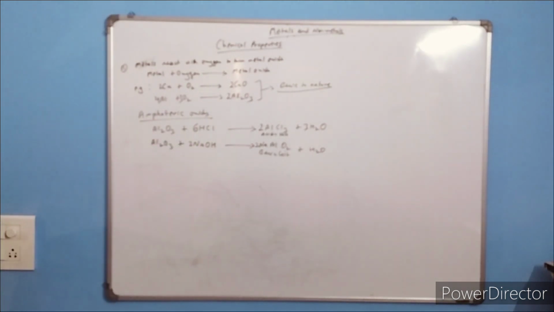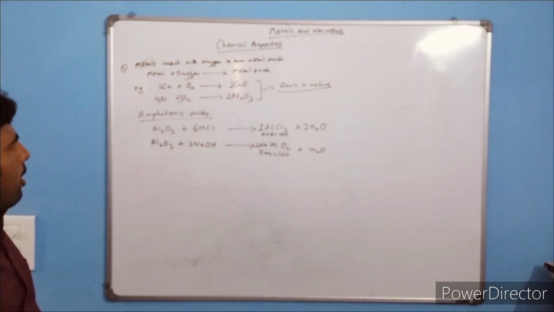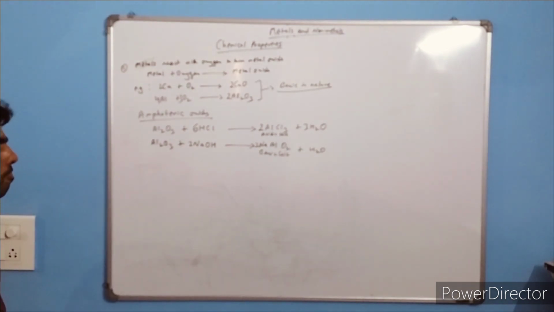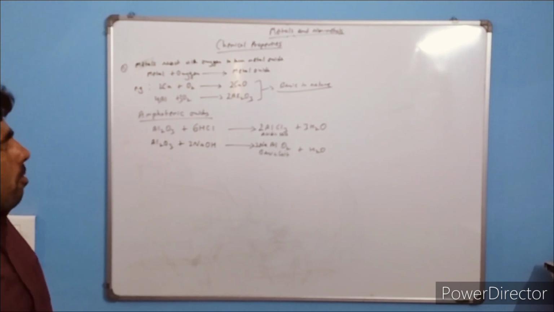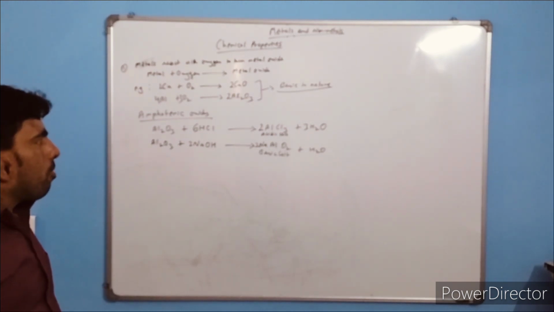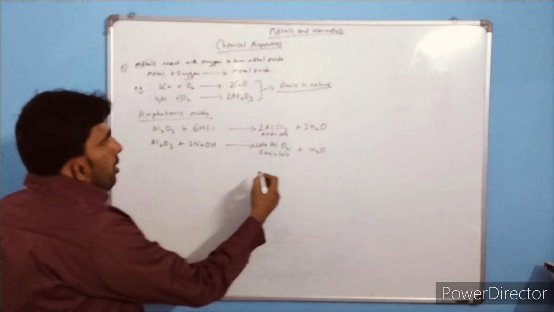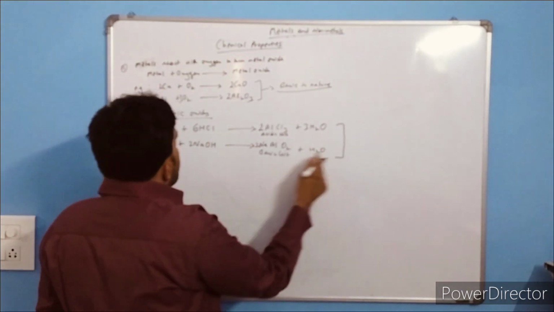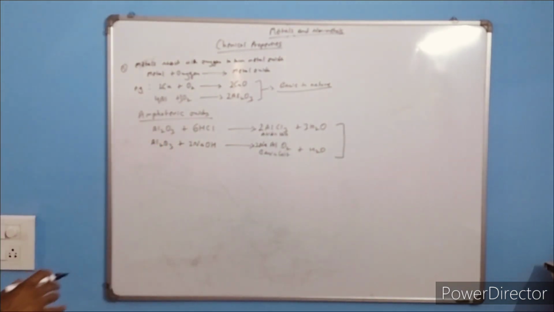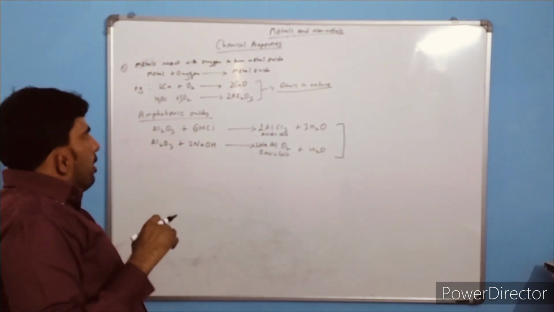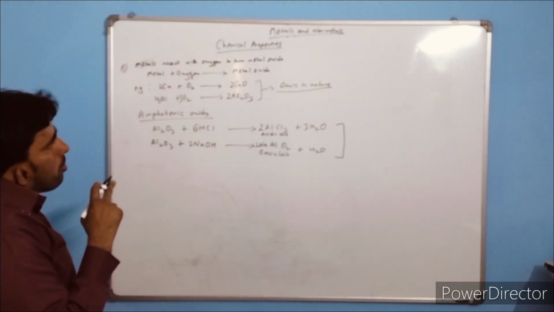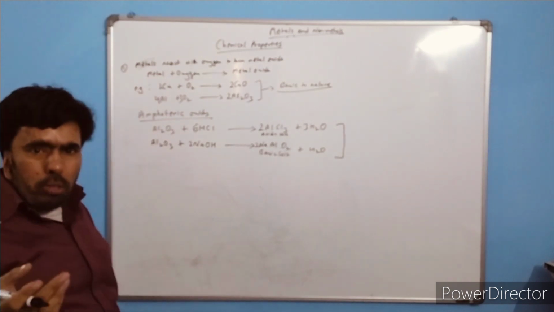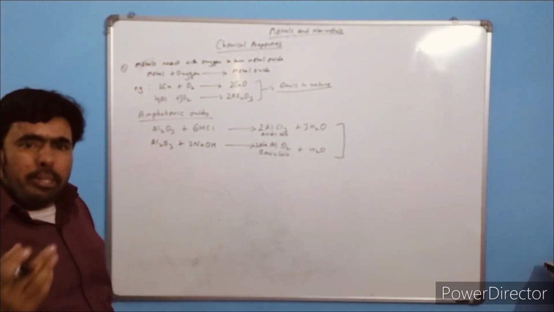So what is given is amphoteric oxides. Very easily we can say that these oxides are amphoteric, because they react with acid to form acidic salt and with base to form basic salt.